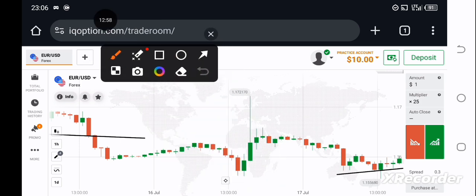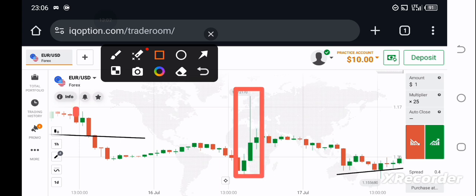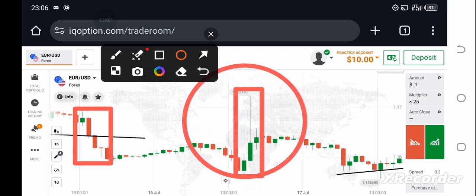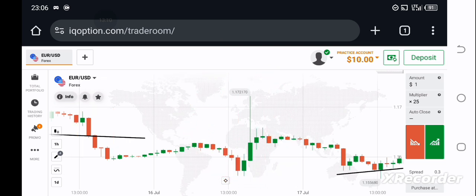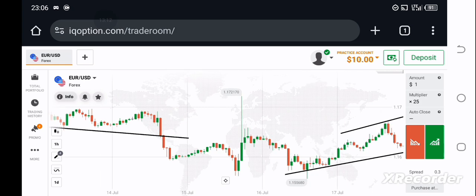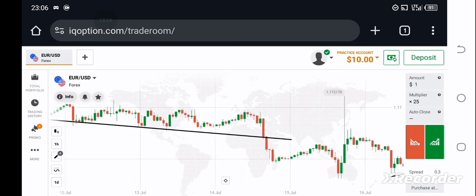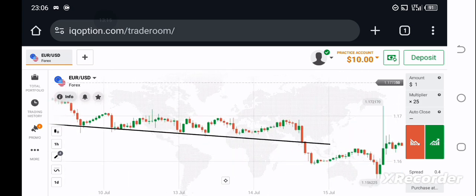I'm not on the chart, but looking at this market alone, I know that it is as a result of news. That is the only thing that will make candlesticks behave like this.